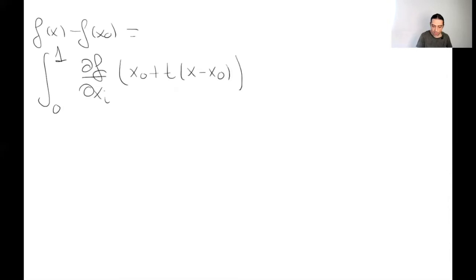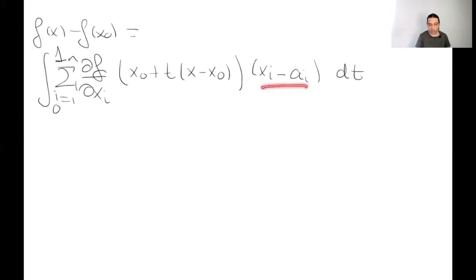And then we have to multiply by the derivative of the i-coordinate of this expression with respect to t. But this is just xi minus the i-coordinate of x0, which is ai, and here we have a sum, of course.